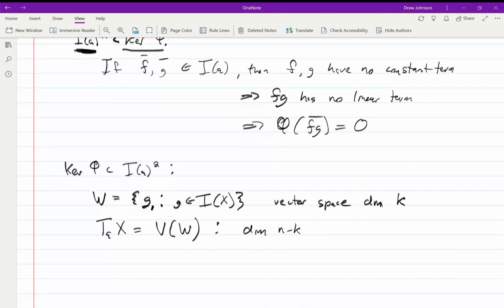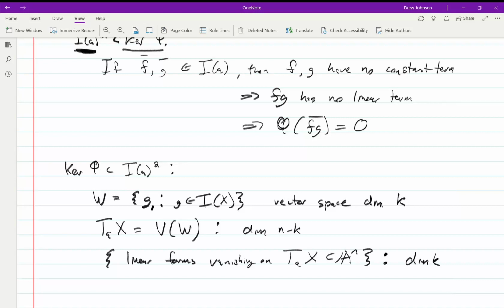Okay, so now let's look at the set of all linear forms that vanish on the tangent space. I'm thinking of linear forms on A^n that vanish on this subspace. And what's its dimension? Well, the dimension, of course, has to be k just by linear algebra. This is the complement of this.